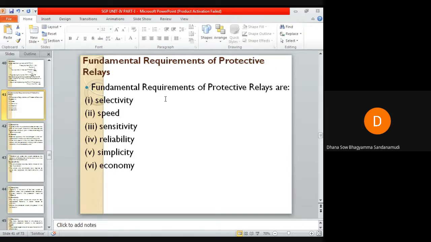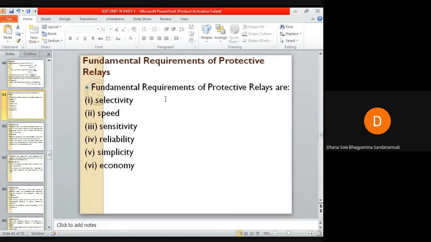Without reliability, the protection would be ineffective. So the relay should be reliable. We must rely on the relay.